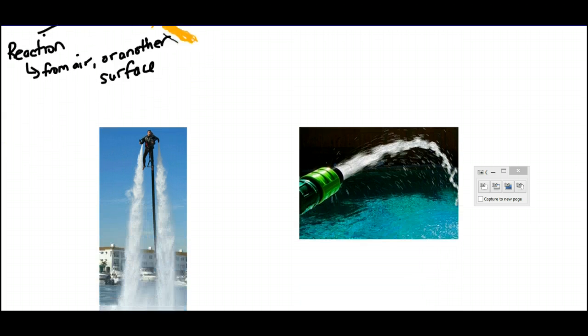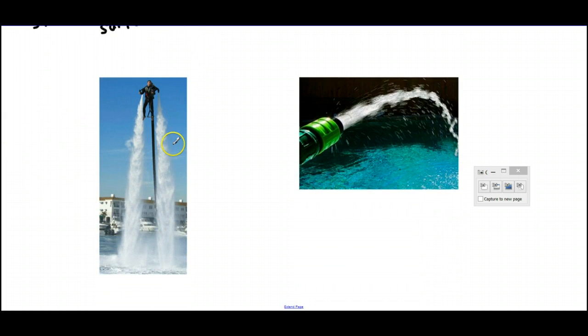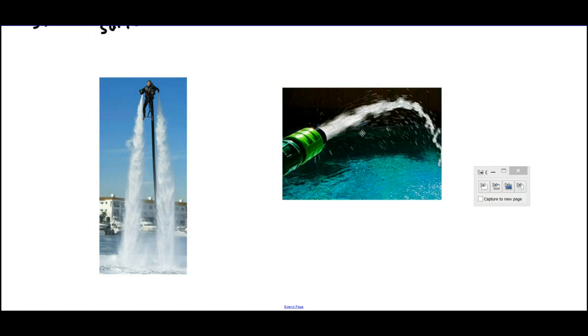Okay, another example, I just found this picture, I've never seen anything like it before, but I was going to just think of a simple hose, and then I saw this one, and it also works. If you ever had a hose that's got water full force coming out of it, and you've let it go, and that hose just flies all around the place, that's because the force of the water coming out is your action.